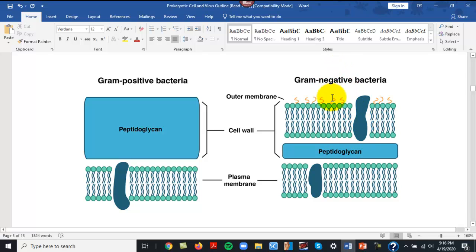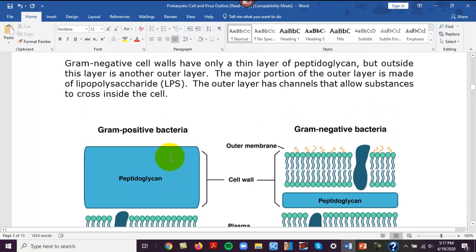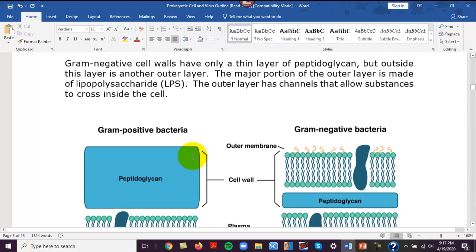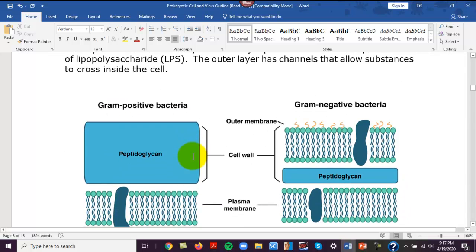So things that cross into gram-negative bacteria would be different than something that could get inside of a gram-positive bacteria. Gram-positive bacteria have a big, thick layer of what is called peptidoglycan. Peptidoglycan is a large molecule, and interestingly enough, it's the target of penicillin.